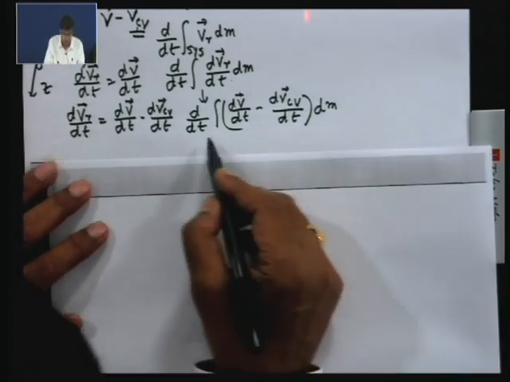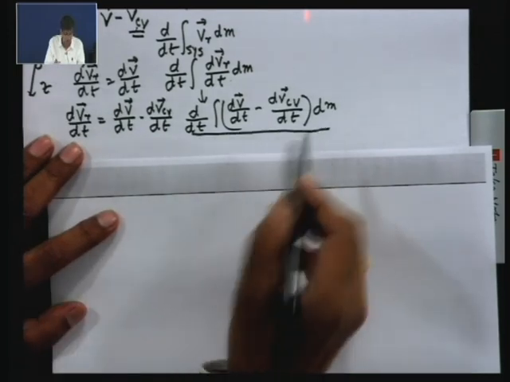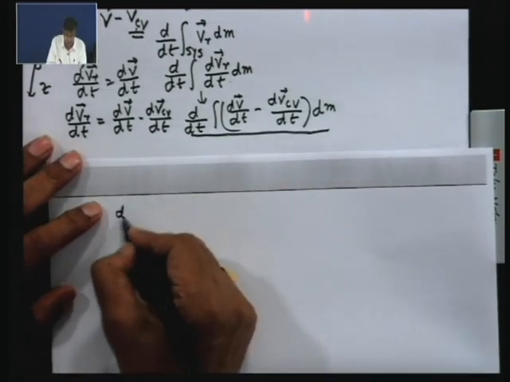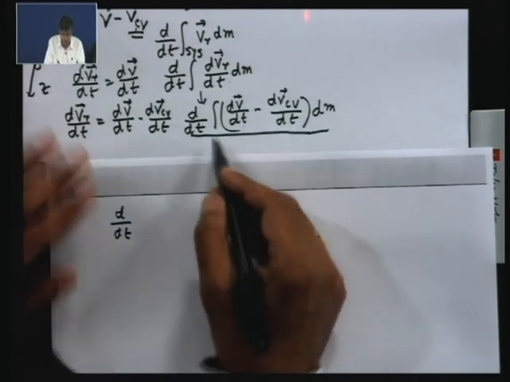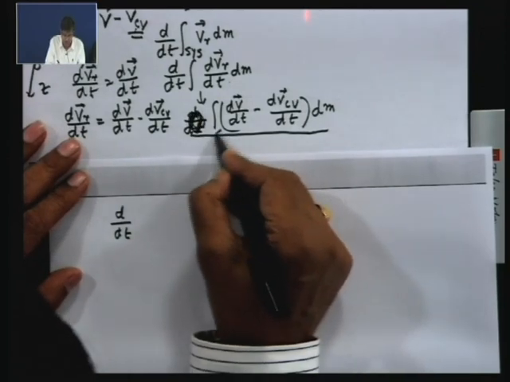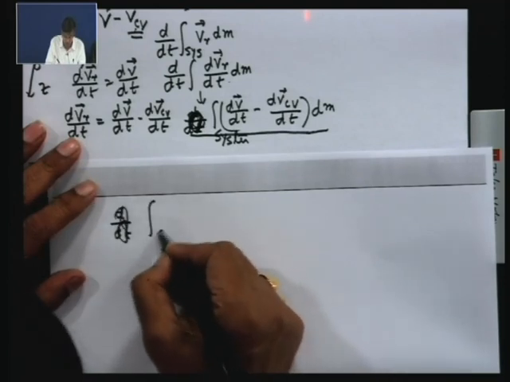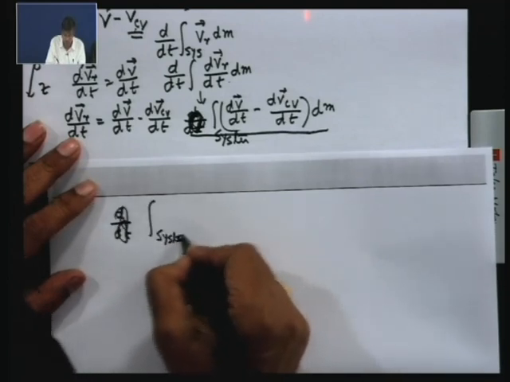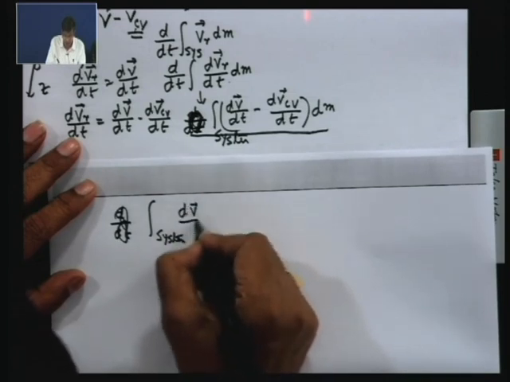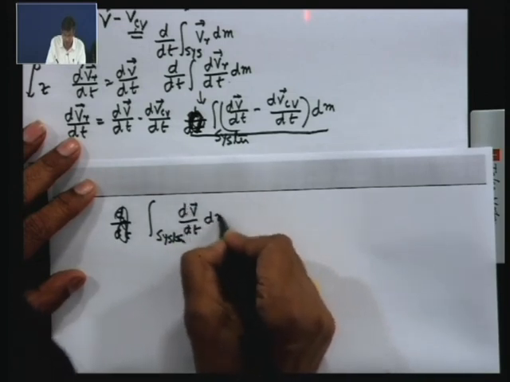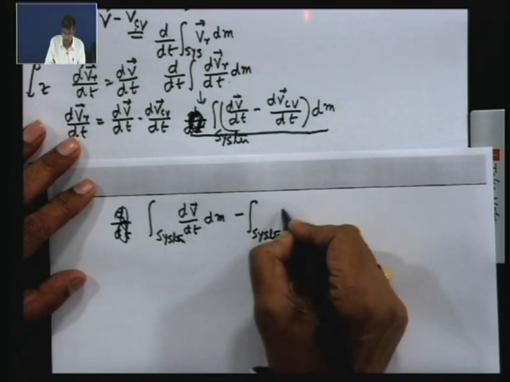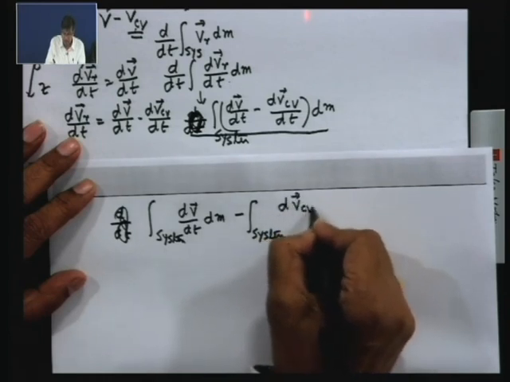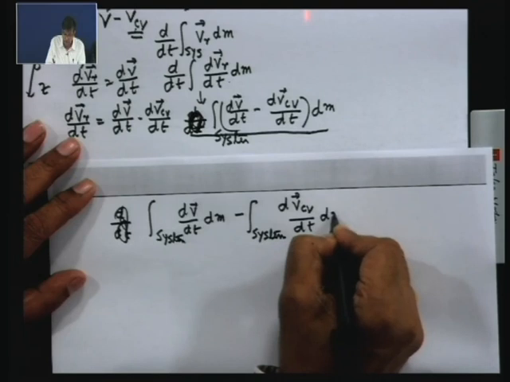So, therefore, this thing now I am doing, you can write d/dt of, sorry, d/dt will not be there, integral of this, it is system. So, therefore, this will be system, again I am writing dV/dt dm minus over this system dV_CV/dt dm.